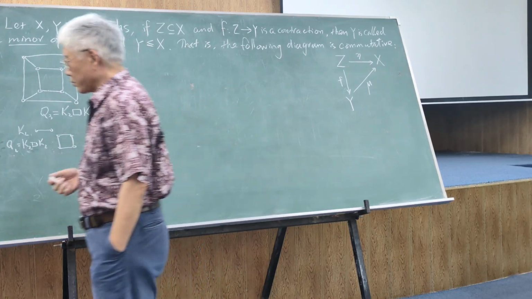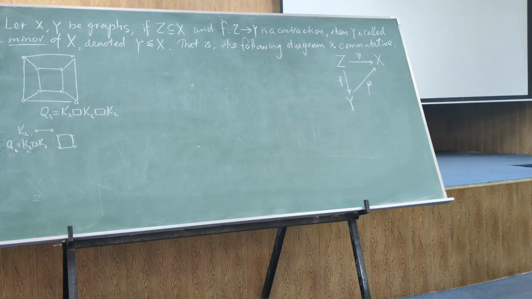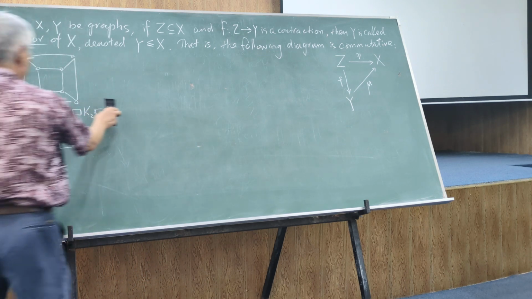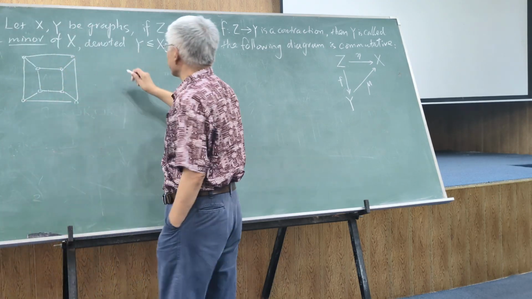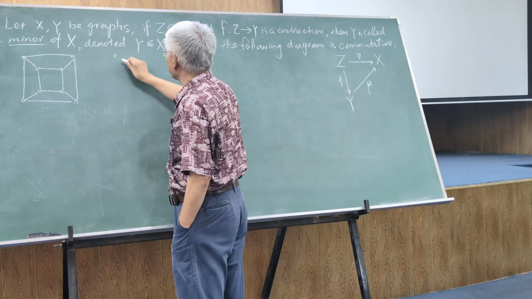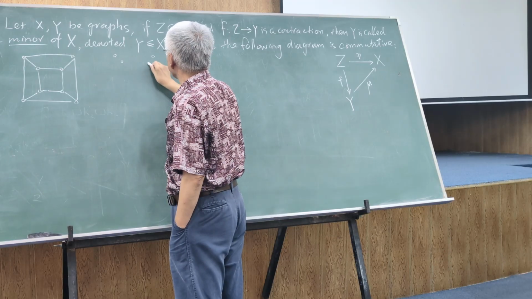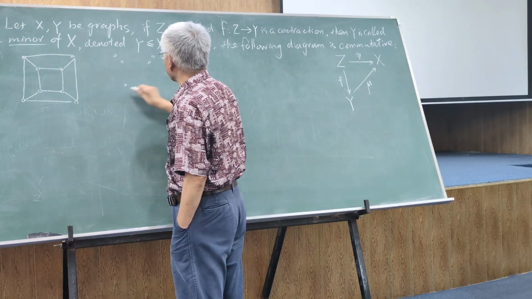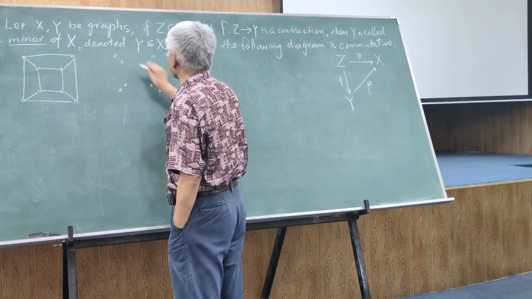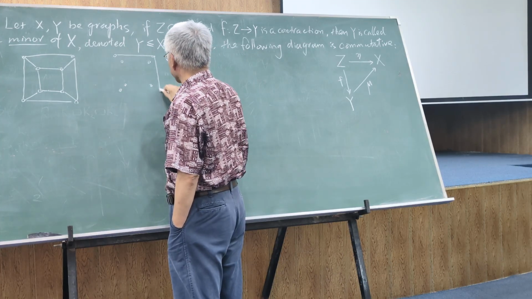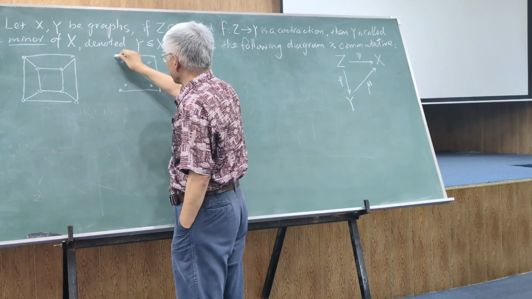Now, if we have drawn this graph already, I want to tease our students: how about this graph here? I'm going to still draw it somehow, these eight vertices, and those edges are still there.